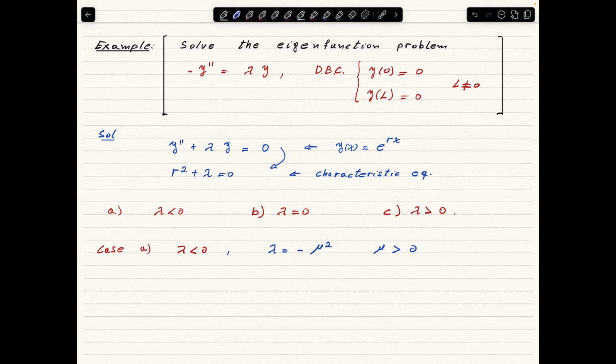So now let's go back to the characteristic equation, and in the characteristic equation we have now r squared minus mu squared equal to 0, or what is the same, r squared is equal to mu squared, and then the roots are real, r plus minus, they're going to be plus or minus mu. These are the roots of this characteristic equation, so we have real roots.